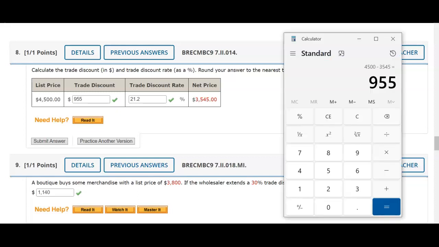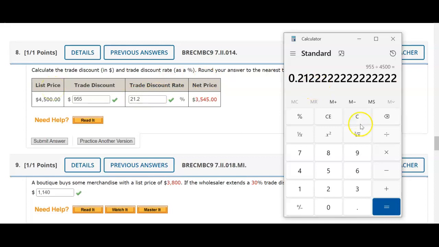So our discount was $955, divided by your list price of $4,500. So it's always your discount divided by the original price.